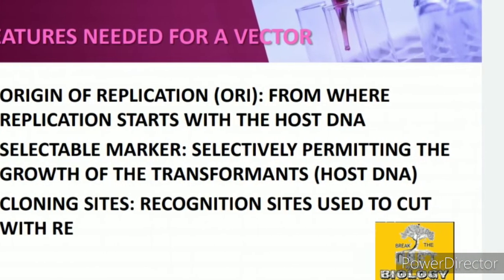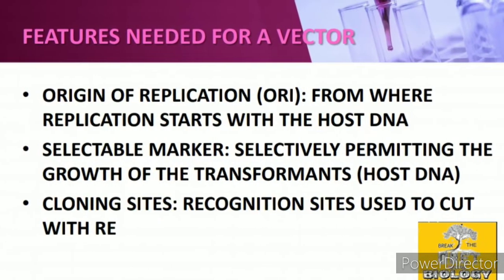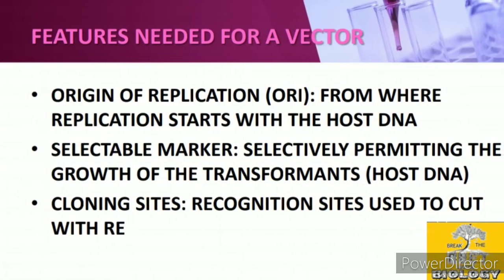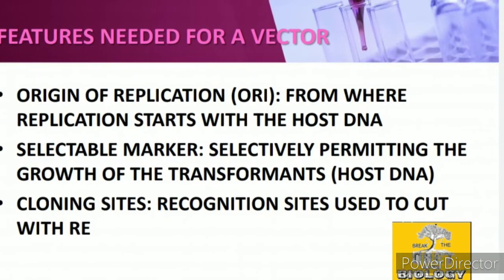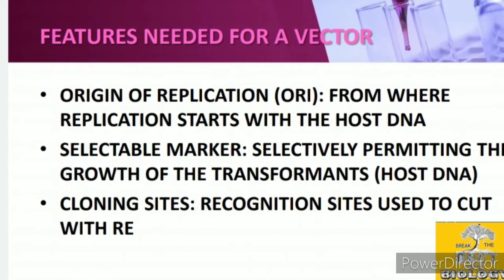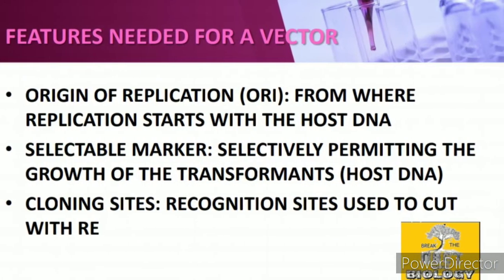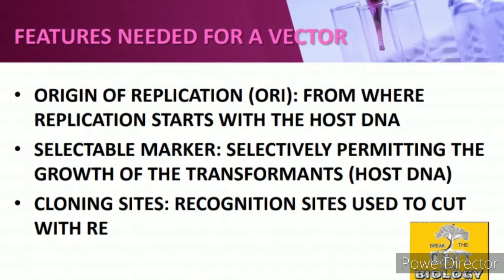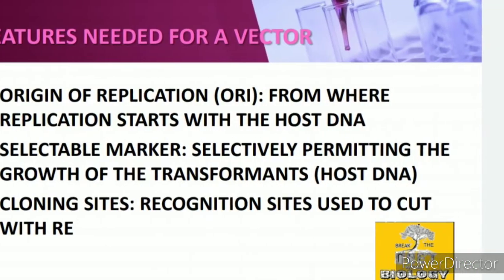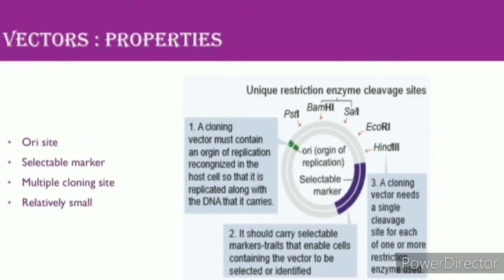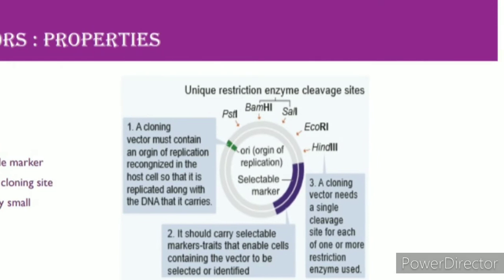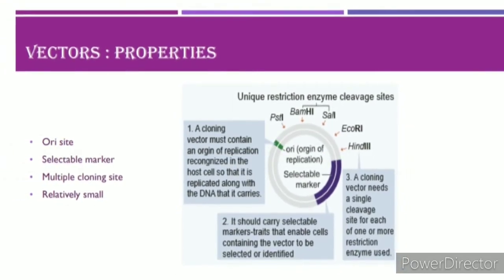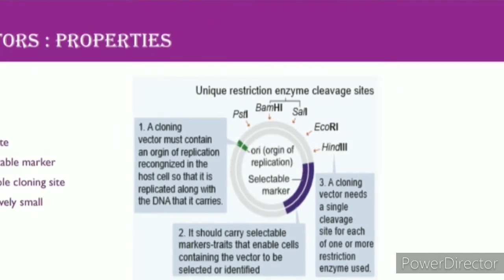For example, genes encoding resistance to antibiotics such as ampicillin, chloramphenicol, tetracycline, etc. are used as selectable markers. Cloning sites: in order to link the alien DNA, the vector needs to have very few, preferably single, recognition sites for the commonly used restriction enzymes. Such enzymes may be EcoRI, HindIII, SalI, etc.